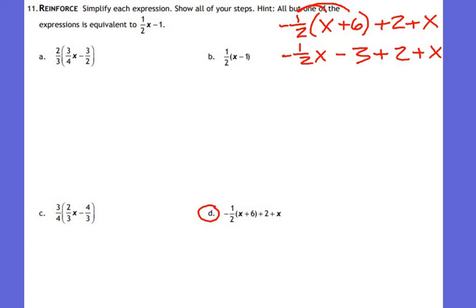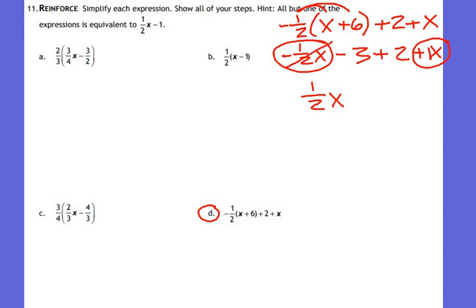Okay, now I need to look for like family members. Do I have any? Yes. Who's alike? -1/2 x. And how many x's is that? 1 whole. So I have 1 whole and I'm going to take away a half. So how much do I have? 1/2 x.